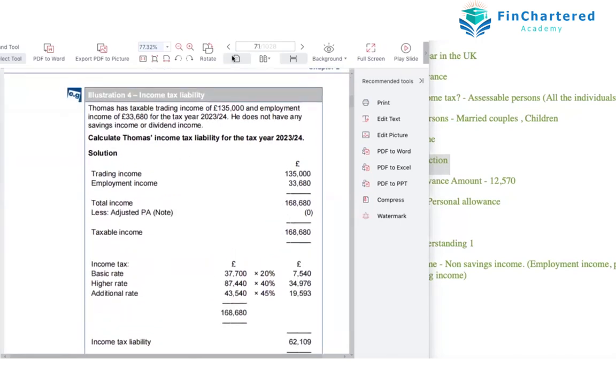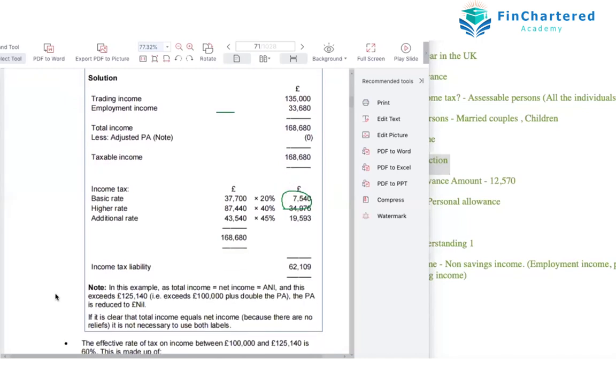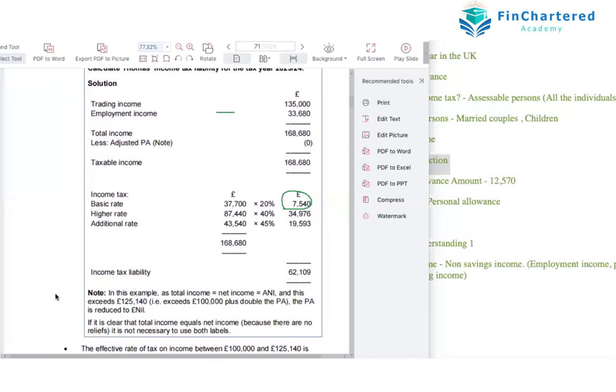Again, in this question, our income has crossed 135,000 and employment income of 33,360. So we have a total income of 168,680. Right? So now what do you do? Your income has crossed 100,000. So again, there will be an adjustment in the personal allowance.